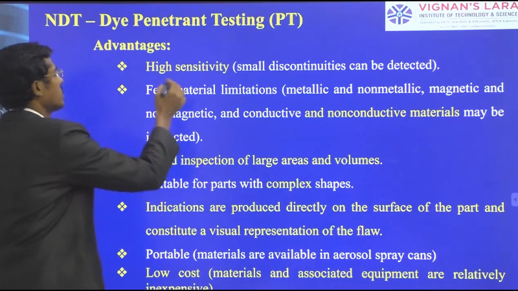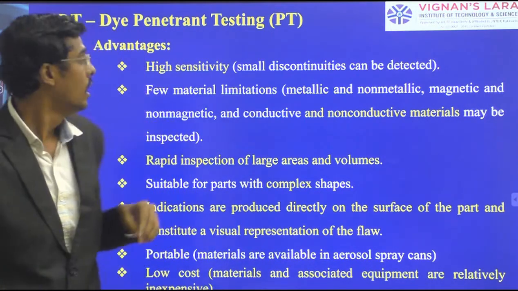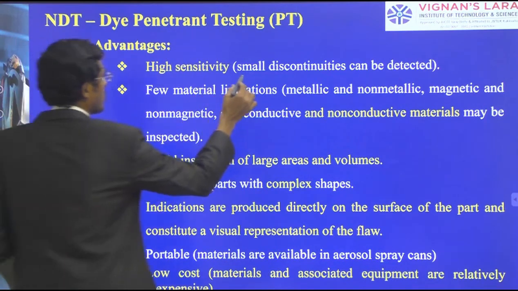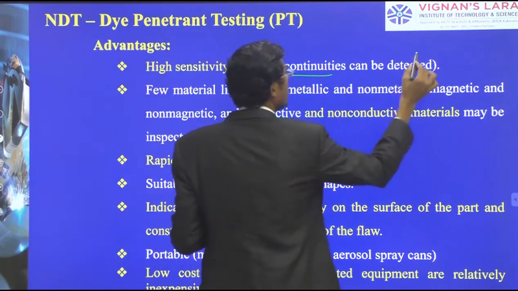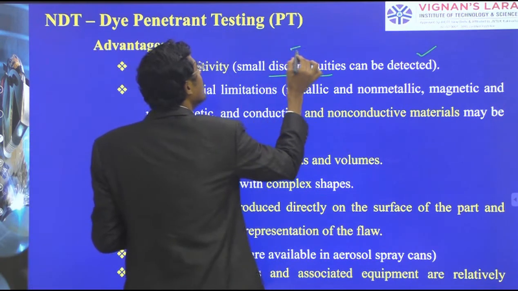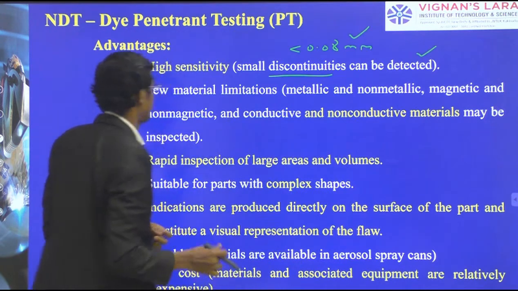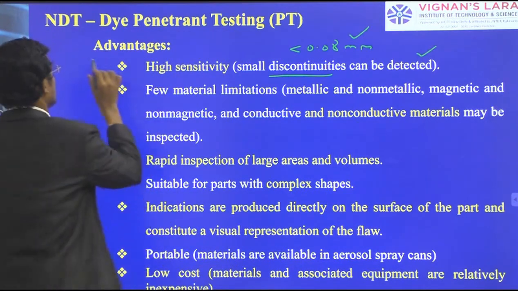The advantages we are going to see: high sensitivity, so small discontinuities can be detected. Even less than 0.08 mm is possible to inspect. This is one of the advantages.